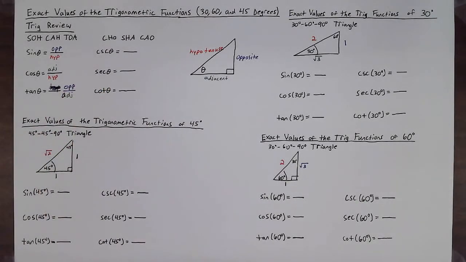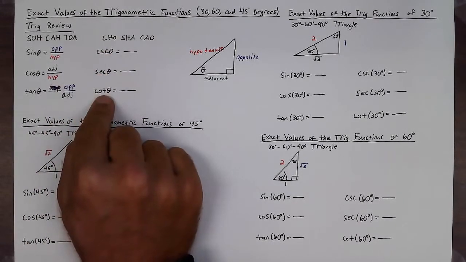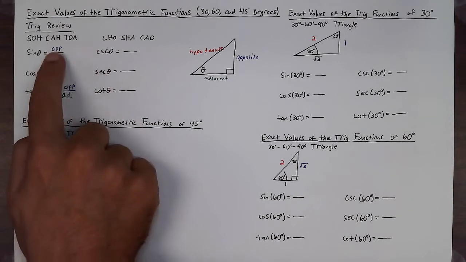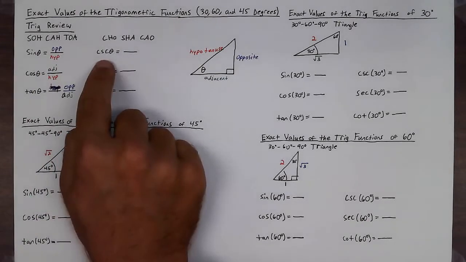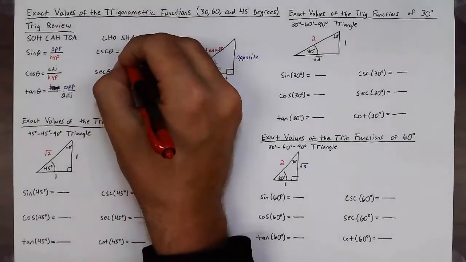Now, there are three other trig functions, so in case you haven't learned them yet, they're referred to as cosecant, secant, and cotangent. And they represent the other combinations of opposite, adjacent, and hypotenuse. Typically, the reciprocals of the ones they are across from. So cosecant is the reciprocal of sine, which will be hypotenuse over opposite instead.